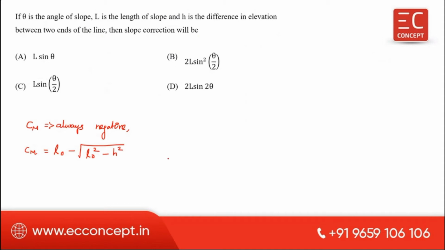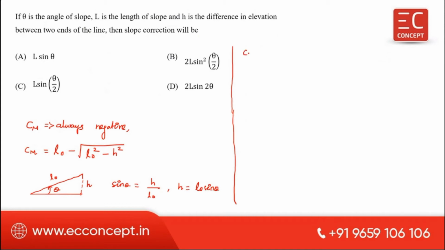Okay. Meaning, suppose this is the slope length L naught, this is the H and this is the theta. Now we know that sine theta is equal to opposite side divided by hypotenuse, so H is equal to L naught sine theta. Now we can plug everything here.